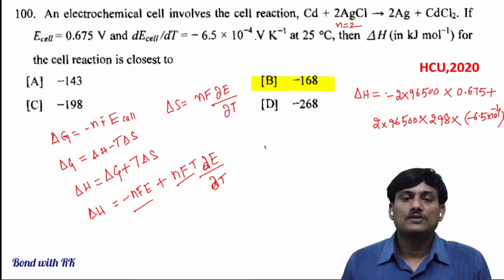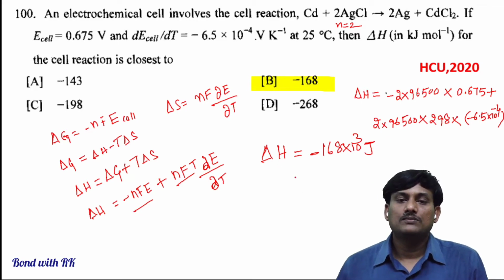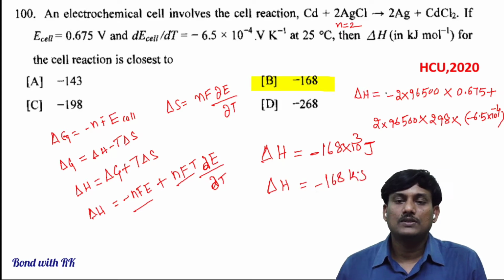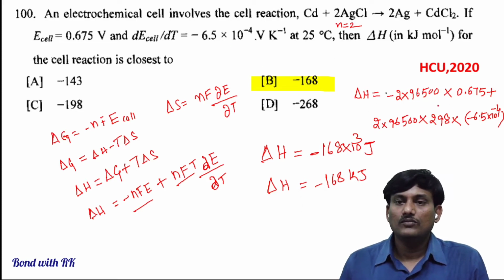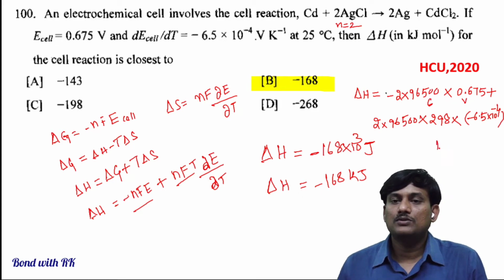So upon simplification, you will get around delta H is equal to minus 168 into 10 cube joules. Here you will get coulomb volt: F is in coulomb and E is in volt, and 1 coulomb volt is equal to 1 joule.